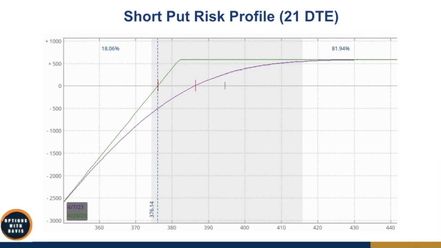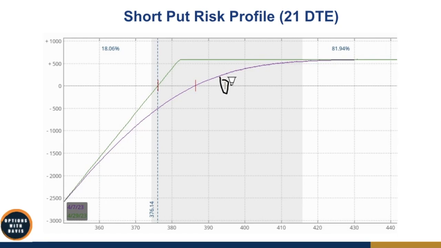So the other thing we also want to take note of is the risk profile at 21 days to expiration. You see, it is possible that at the 21 DTE mark, you can almost reach full profit of this short option, right? So let's say, for example, this is the price at which you started off when you first put on the short put. Now, the market does not have to move a lot in order for you to reach almost full profit.